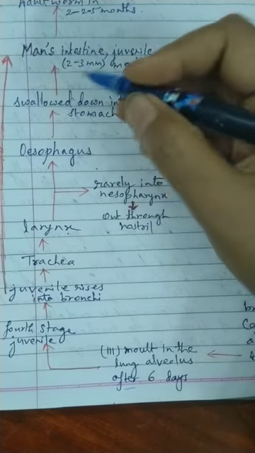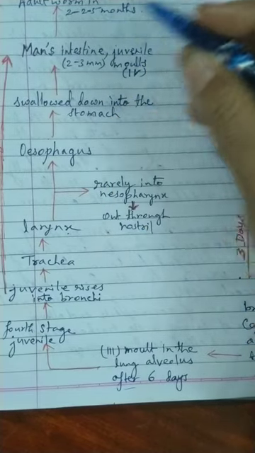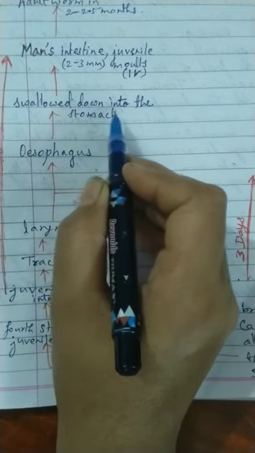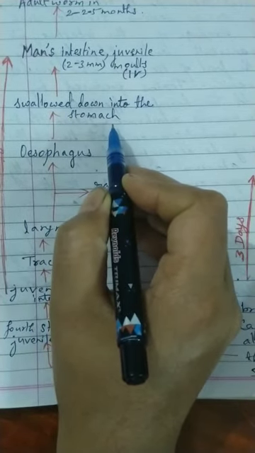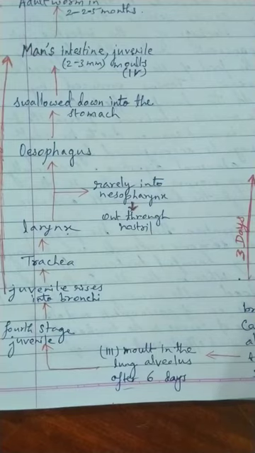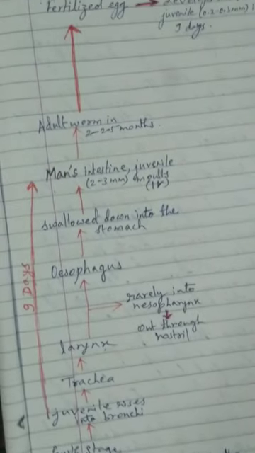From food pipe, it gets swallowed down into the stomach.